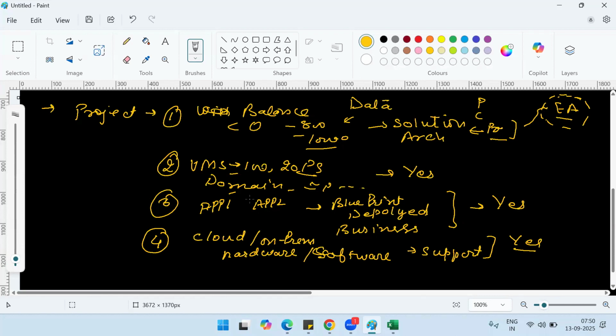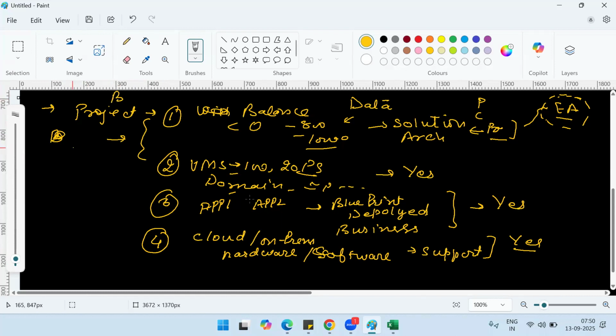So in these four use cases we have discussed, the first one was earlier. The one which I have discussed for the business is called business, with its business strategies.